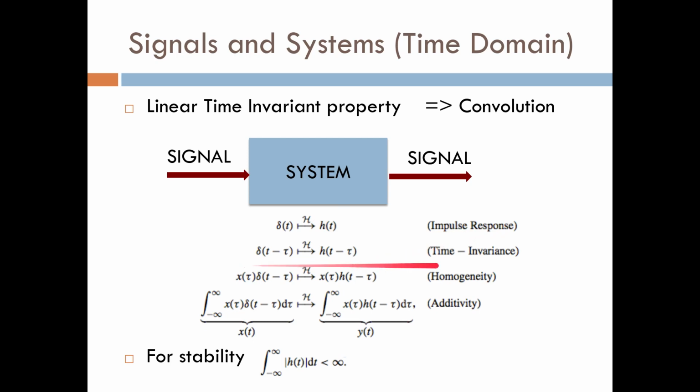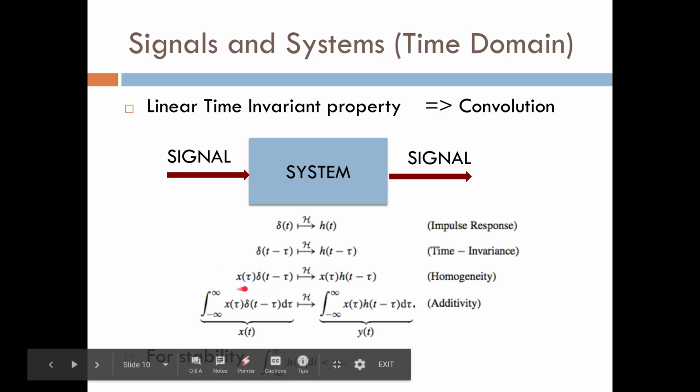Combining time invariance with the homogeneity and additivity properties, we can see that an input signal x of t through the system gives y of t.